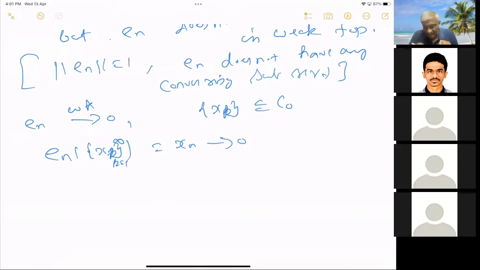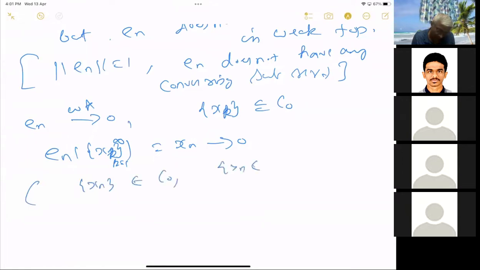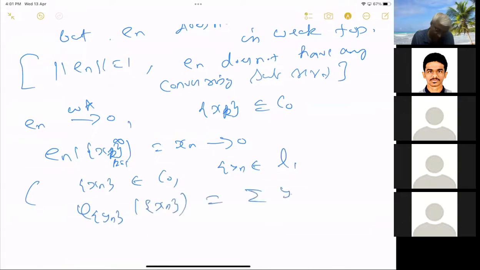You take an element in the pre-dual and act with this L1 element as a linear functional acting on C0, and the linear functional is just a summation. You recall this: if you have Xn in C0 and Yn in L1, the linear functional phi of Yn acting on Xn is nothing but the summation of Yn Xn.